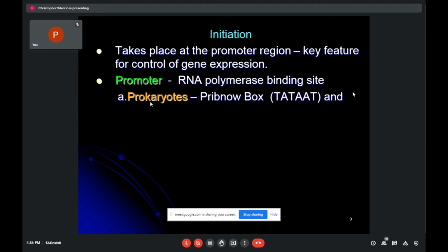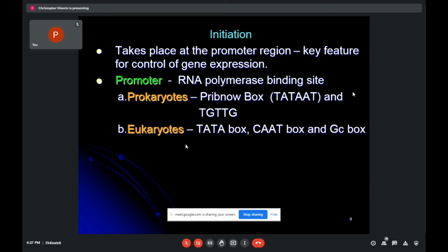And what do you call the promoter region? In the prokaryotes, bacteria, you call that the Pribnow box. In the eukaryotes, you call that the TATA box.